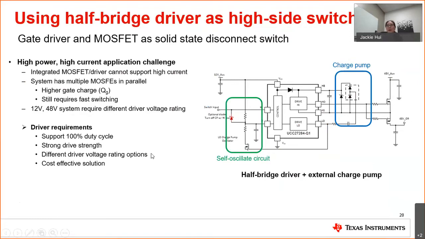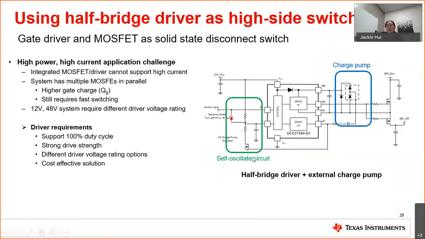And because of that, as I mentioned, we came up with a simple circuit here. This circuit basically consists of two portions. One is a self-oscillating circuit, and the other one is the charge pump. The idea of the operation is pretty straightforward too.